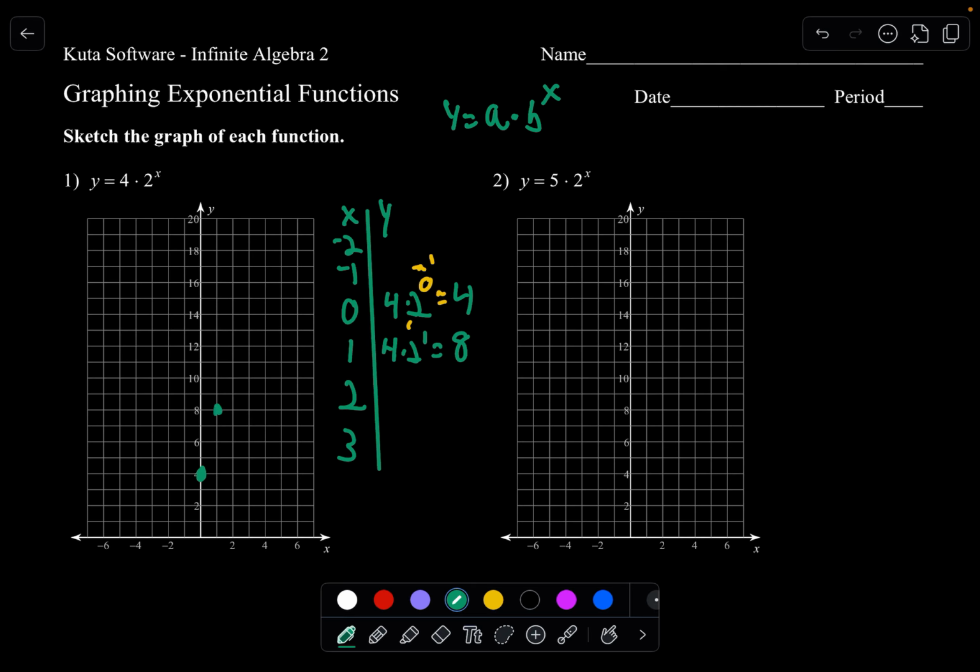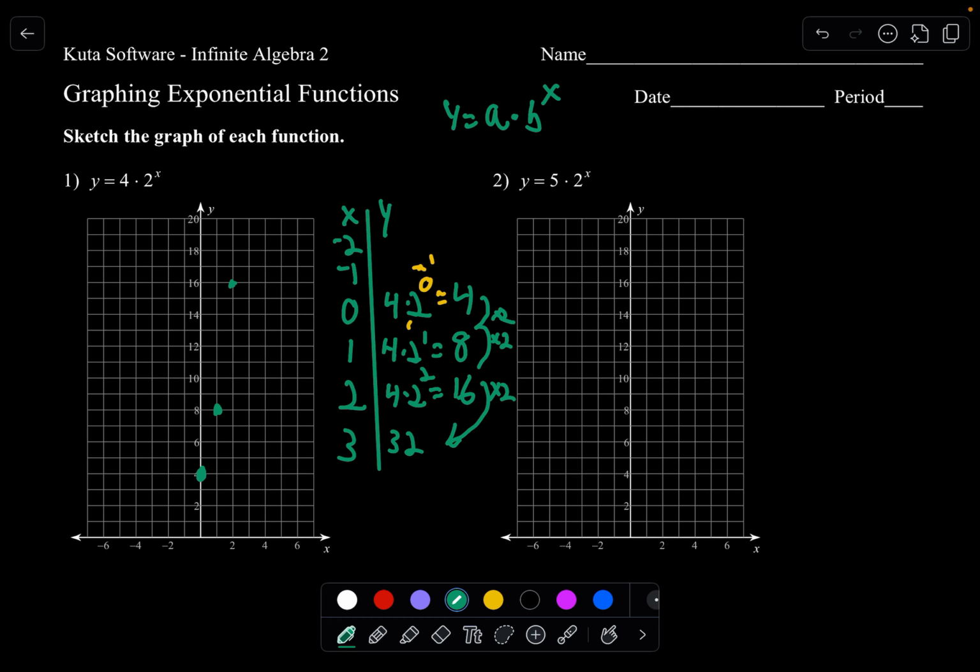When x is 2, we're at 4 times 2 squared, and that's going to be 16. Or you could just realize we're multiplying by 2 each time. The next one's going to be at 32, and it's off the grid because we're multiplying by 2 each time.